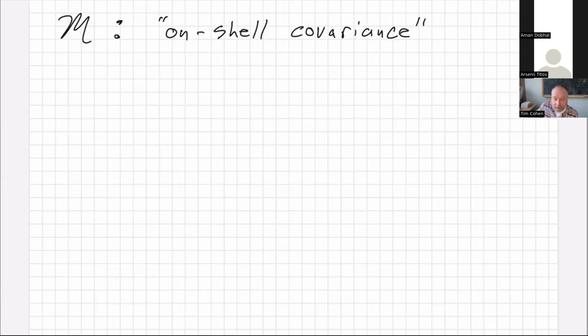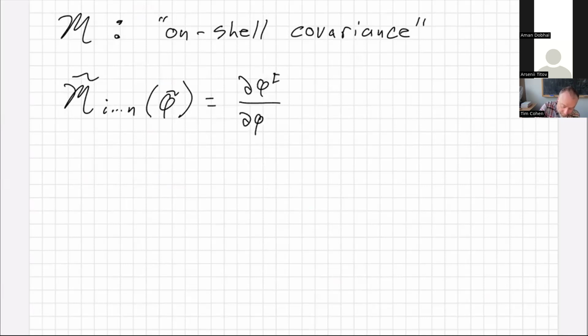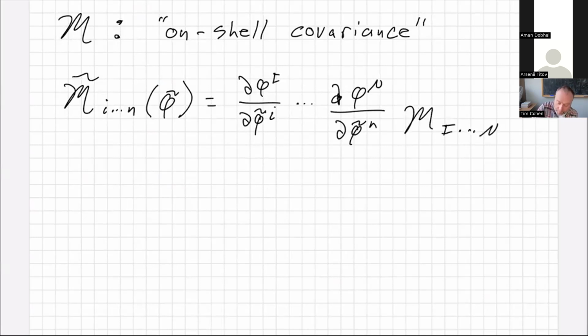When we transform our matrix elements, these off-shell stripped amplitudes, if I do a field redefinition and get some M tilde with indices 1 through n of phi tilde, I get something of the following form. It has this tensor transformation structure, the derivative of phi with respect to phi tilde, n times M. Here I'm just using upper and lower case for the indices before and after the transformation.